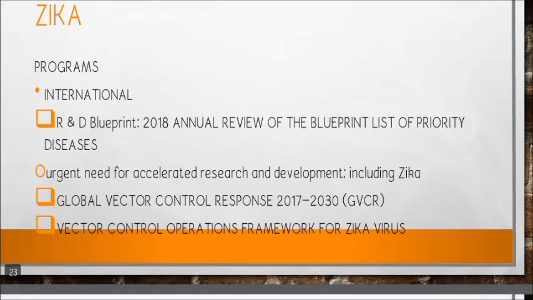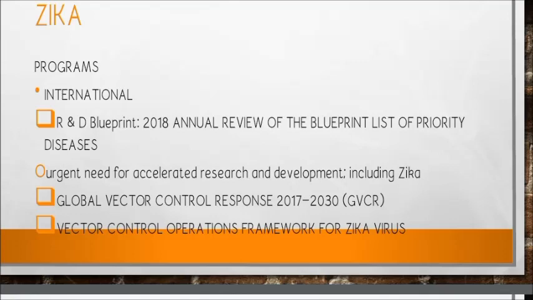Also, the R&D Blueprint made a list, the 2018 annual review of the Blueprint list of priority diseases. The diseases included there mean there is an urgent need for accelerated research and development. And of course, we're happy that Zika also belongs there.